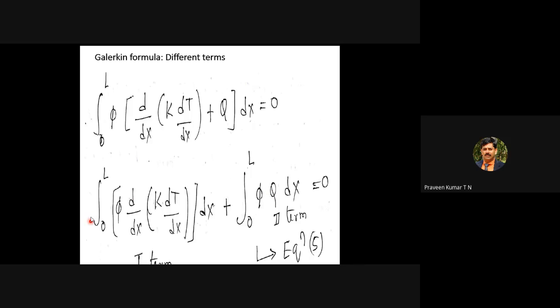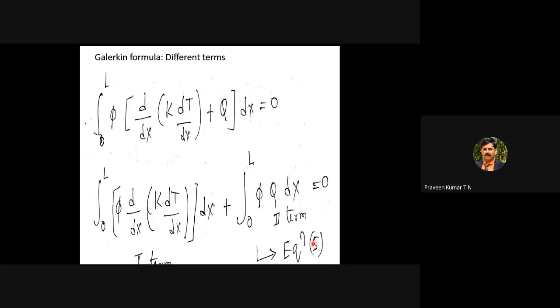This is the first term, and this is the second term. So to minimize the complexity, you simplify the first term separately and the second term separately. The first term is again an integral function, and the second term is also an integral equation.